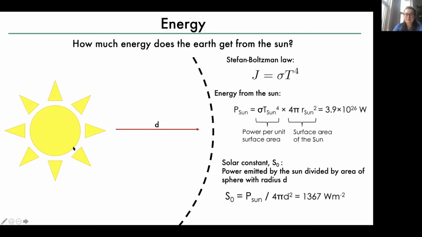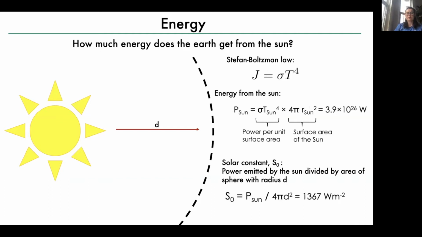The power of the sun is going to be equal to the Stefan-Boltzmann constant times the temperature of the sun to the fourth. That gives us the power per unit surface area. Then if we want the total power, we multiply that value by the surface area of the sun.